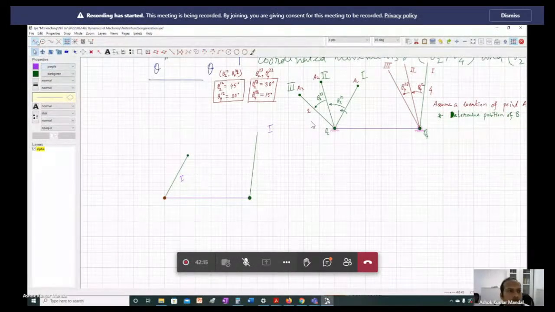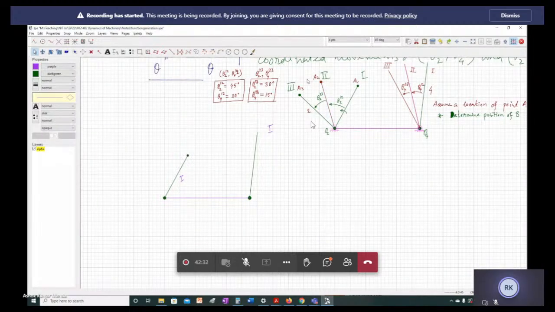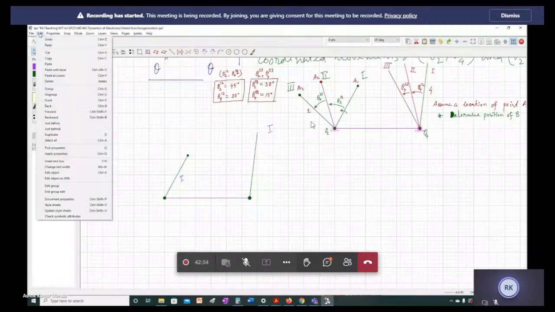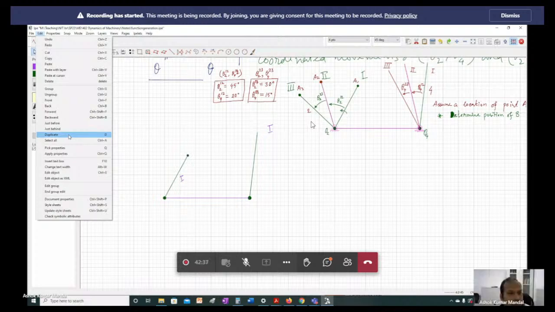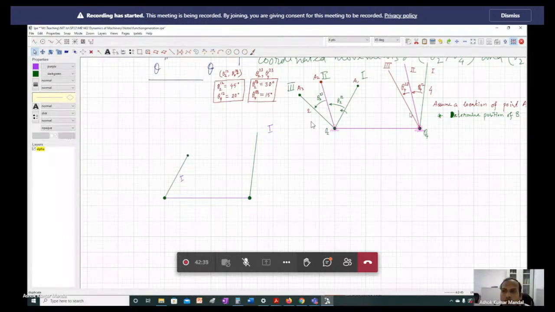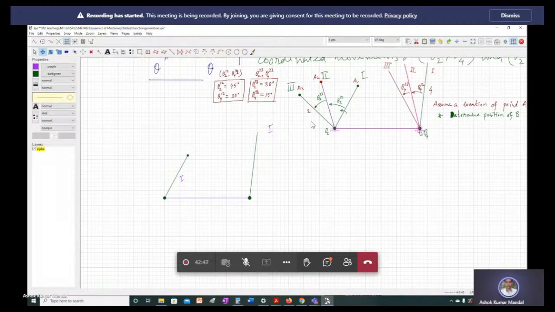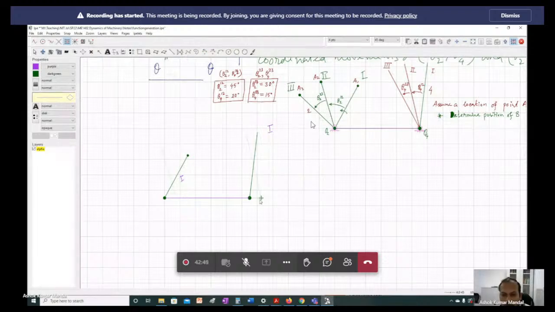Now we are going to copy the second position. This one, O4, O2, and position 2 configuration of the mechanism. We now copy it and we will shift this whole thing to here.